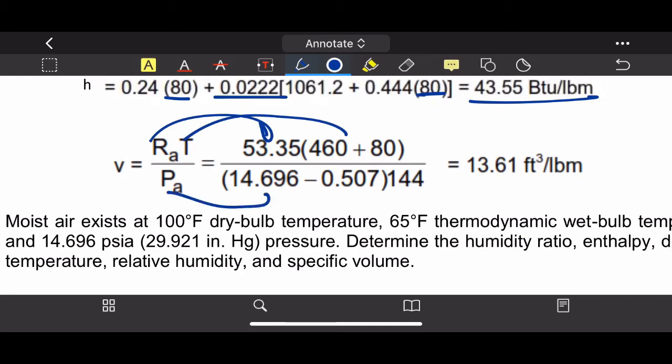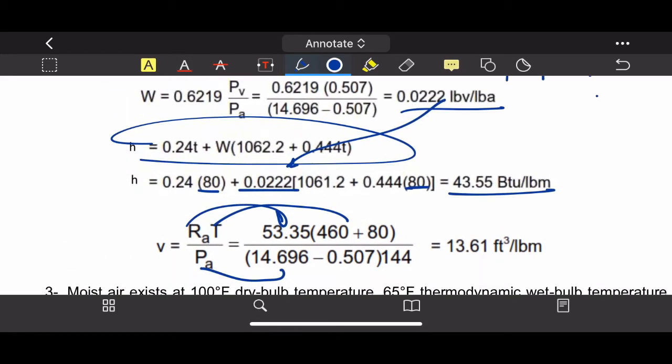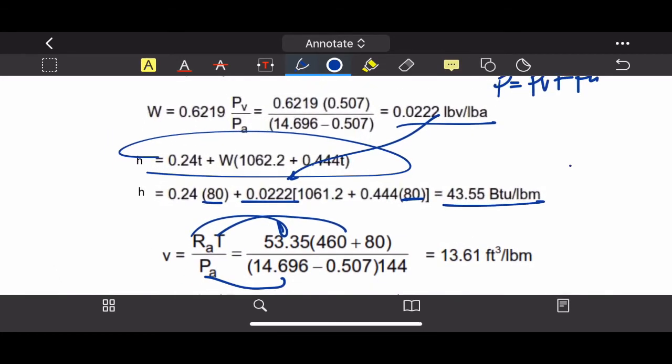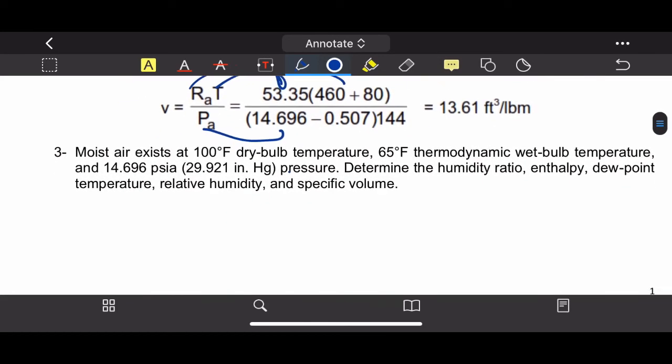So PA is this, 14.696 minus 0.507, that is to find PA, and times 144, which is the equivalent to change it to feet cube, which has been discussed in the previous tutorial.